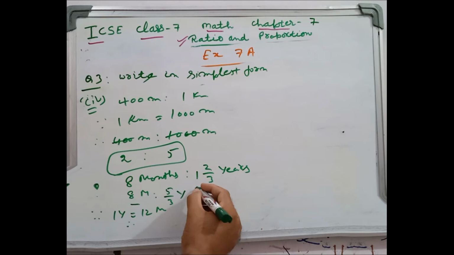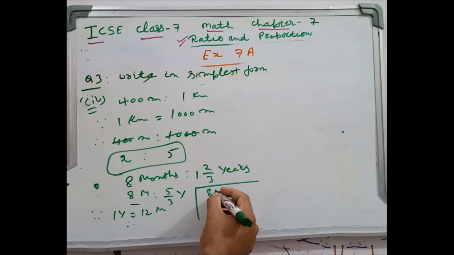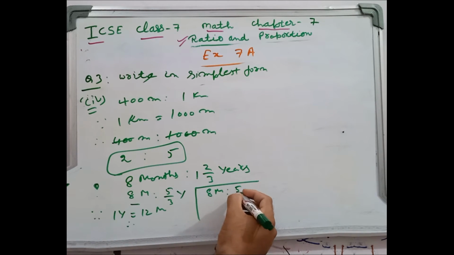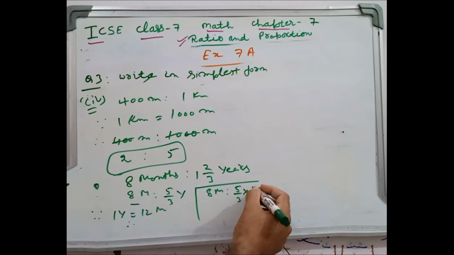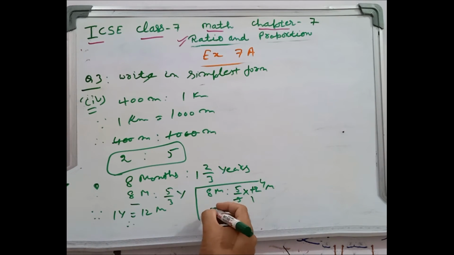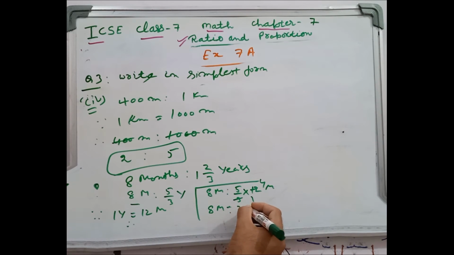Therefore, we will do it here. 8 months ratio 5 by 3 multiplied by 12 months. 3 4s are 12, so 8 months ratio 5 4s are 20 months. 4 2s are 8 months, 4 5s are 20 months. So our answer will be 2 ratio 5. Right.